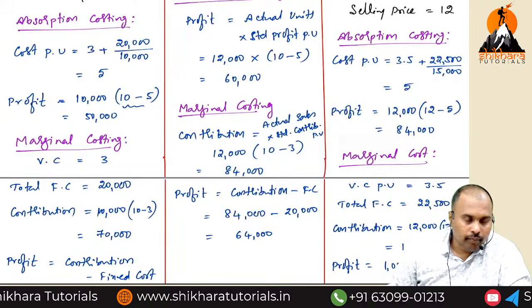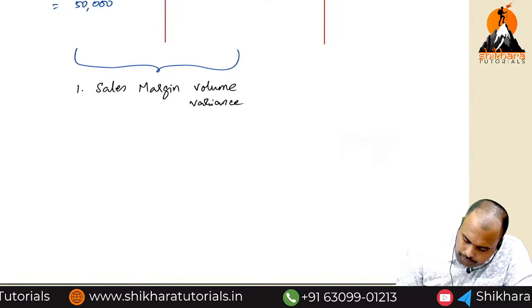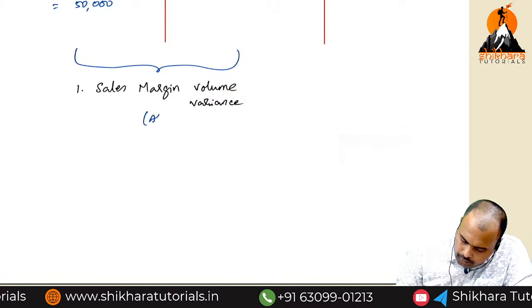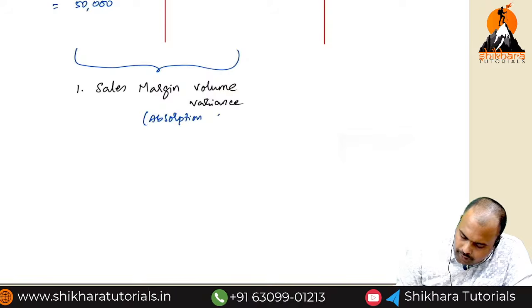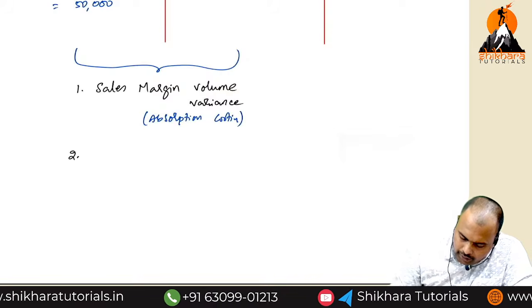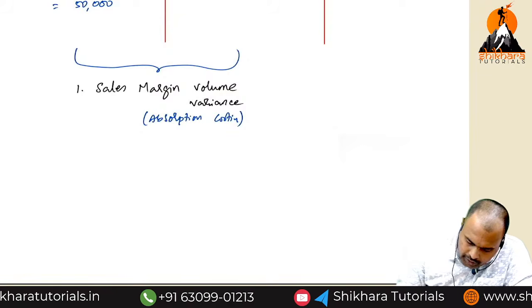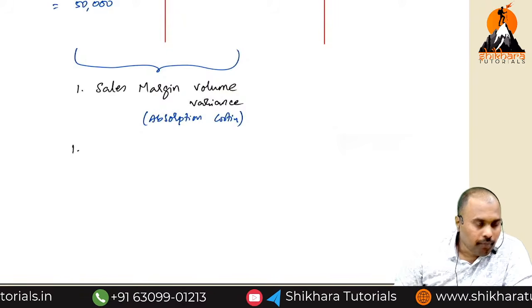64,000. Understood, right? Now sales margin volume variance is the reason for the difference under absorption costing. If you see, not the second one, only the first one. This is also the first one. What is that?